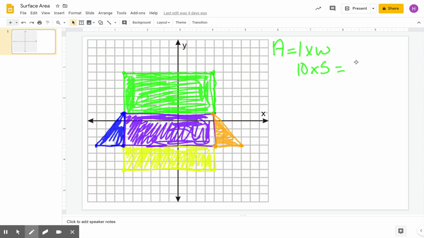So that is 50 units squared. Going to do the purple one next. So we already know the length is 10, so we don't have to re-measure that. Our width is 4, which is 40 units squared.